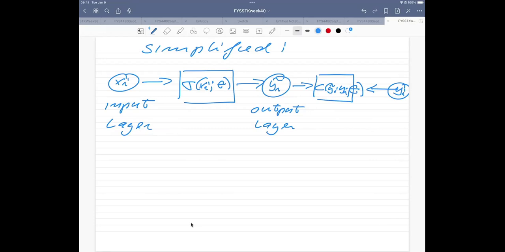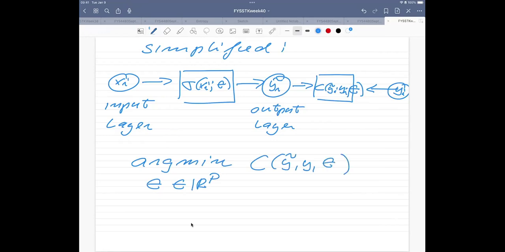So the problem we want to solve now is either a maximization or a minimization with respect to these parameters theta of this function C of y tilde, y and theta. This is as before, so we can also take a maximization. Since we are devising probabilities here, what we want now is the probability for the whole domain of events. So we want to train a probability which reproduces the whole set of possible outputs.